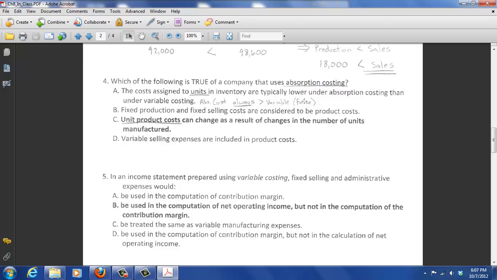We know that this is false because the absorption costing is always going to be greater than the variable costing. Moving down, we can move on to letter C. The unit product cost can change as a result of changes in the number of units manufactured, and we do know this to be true under the absorption costing.